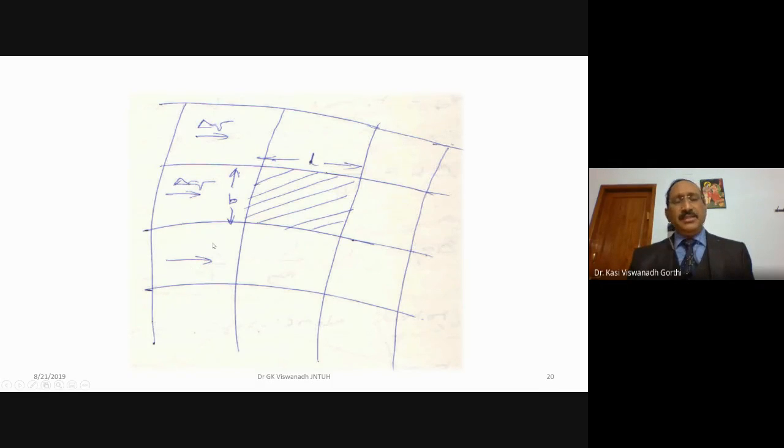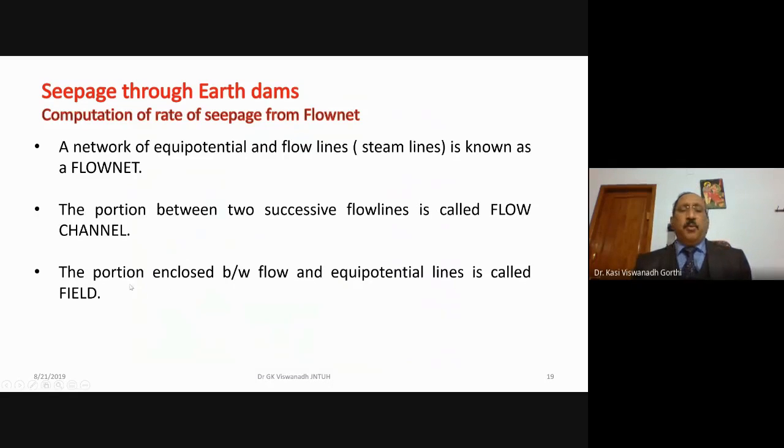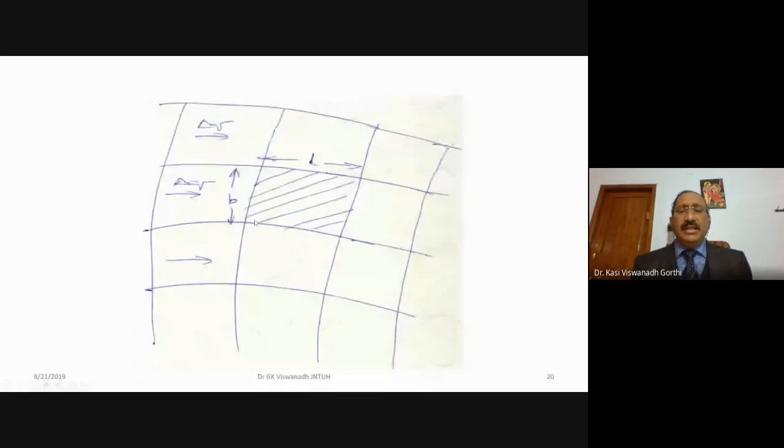One more definition given here is that the portion enclosed between the flow line and the equipotential line is called the field. This is the flow line and this is the equipotential line. In between these two is a field. The hatched portion here is a field, maybe approximately square.